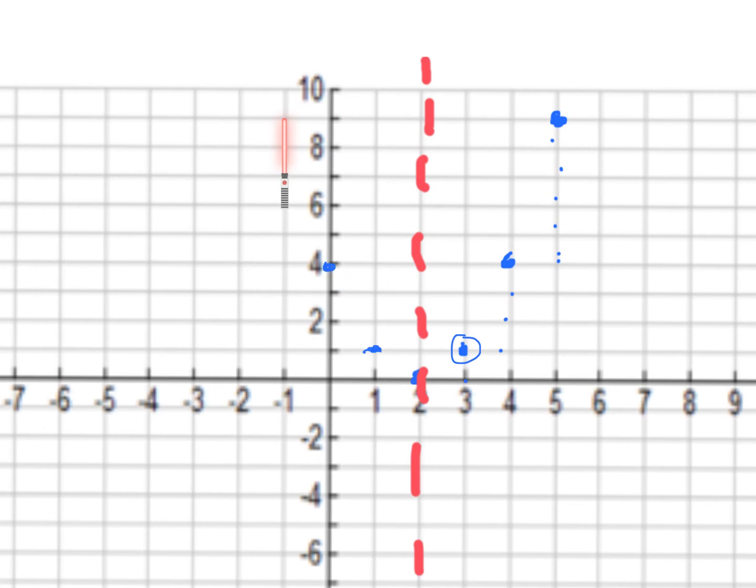So right there. Oops. Use the wrong color. Not that it really matters, but I like to be consistent. So now, then we connect the dots. Alright, so there's our parabola.